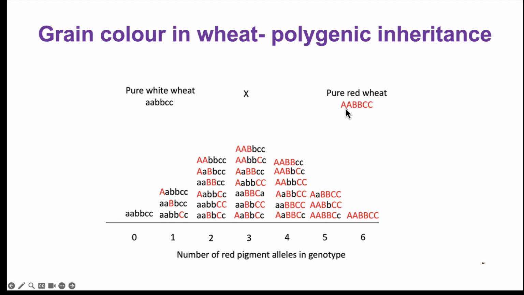So we have a pure white strain of wheat, which is all of the recessive alleles, and we've got pure red, which is all of the dominant alleles. So if we were to do a cross between these, we would come up with all of these different genotypes. And I've expressed the ratio of those genotypes in a histogram. And as you can see again, we've got that same bell curve.